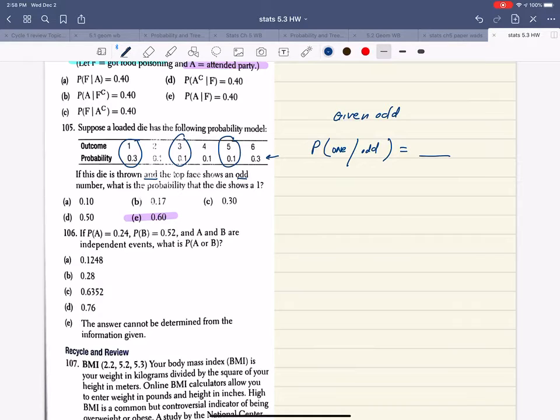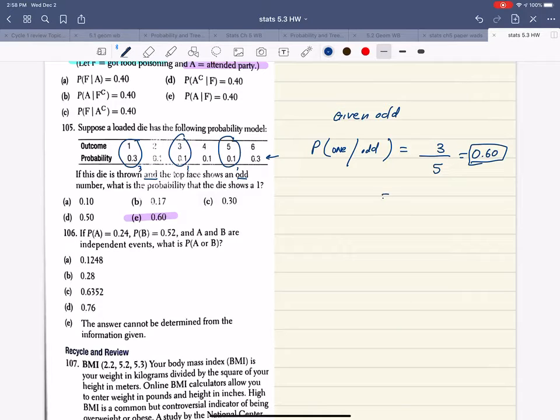Okay, so how many of these were odd? So again, if I think of this out of 3, 4, 5, 6, 7, 8, 9, 10. If I think of this as 10, 3 of them, and 1 of them, and 1 of them. So 3, 4, 5. 5 of them were odd, and 3 out of the 5. And that equals my ratio. And that was using logic, not a formula.